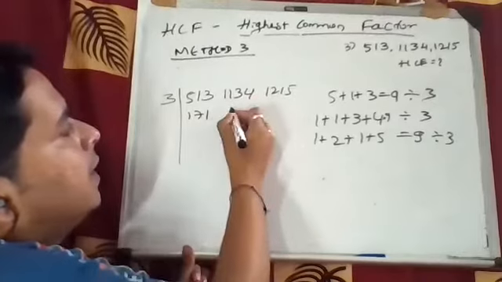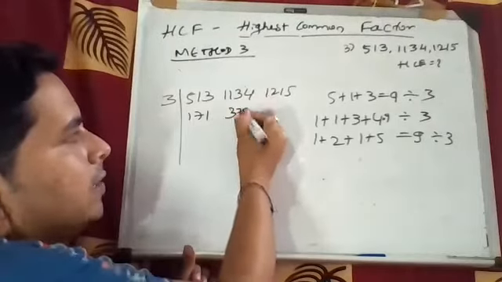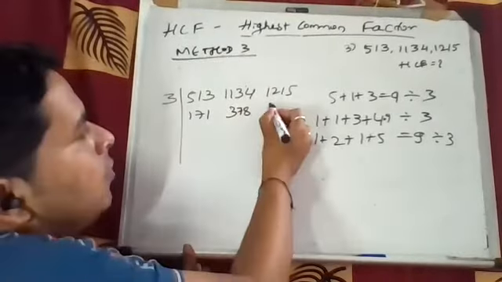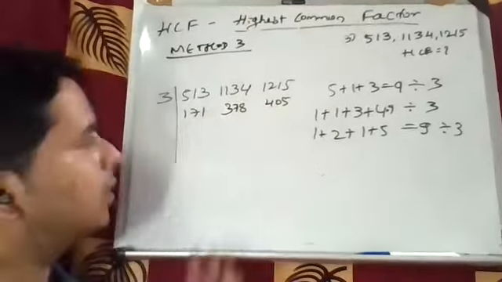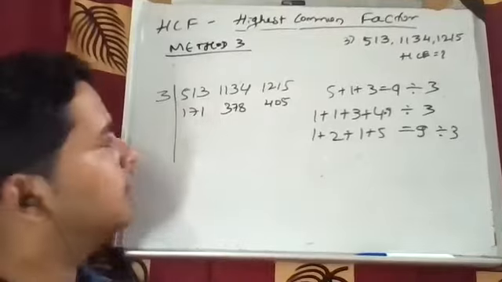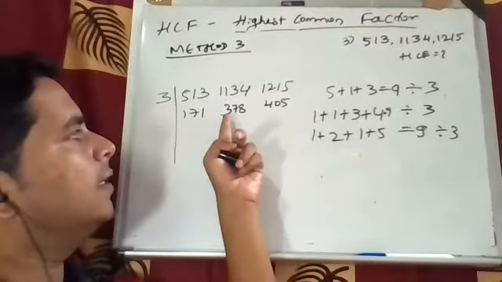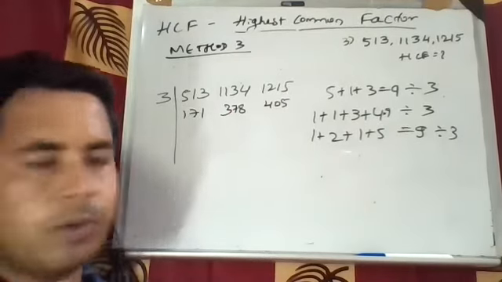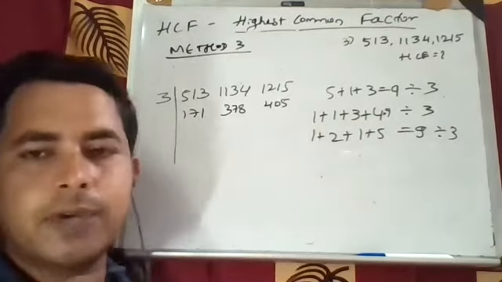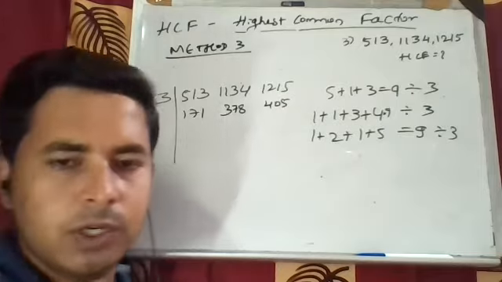Next 378, next 405. Then again check whether it will divide by 3. 1 plus 7 is 8, 3 plus 7 is 10, 10 plus 8 is 18, so that will go by 9 and 3, and 4 plus 5 is 9, so that also will go by 3.